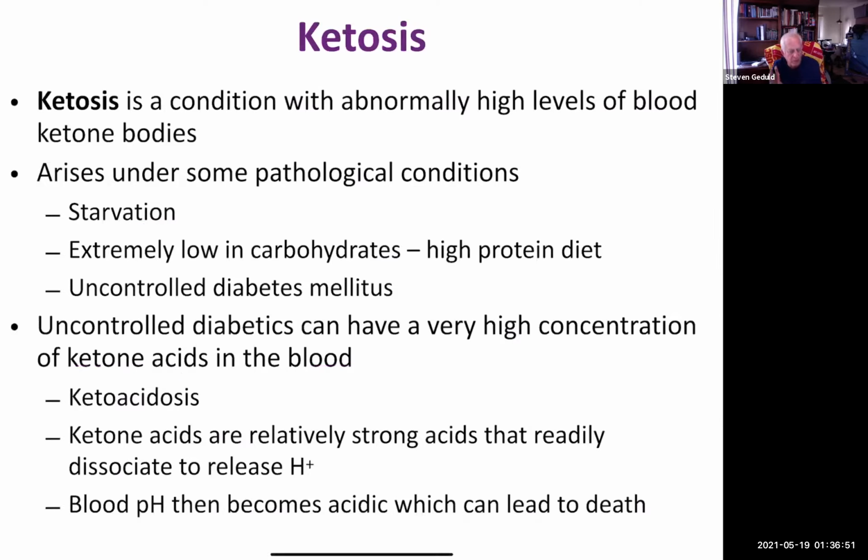When blood pH becomes acidic, your enzymes don't work and it leads to death. So ketoacidosis in uncontrolled diabetes can lead to death because of the strong acids produced.